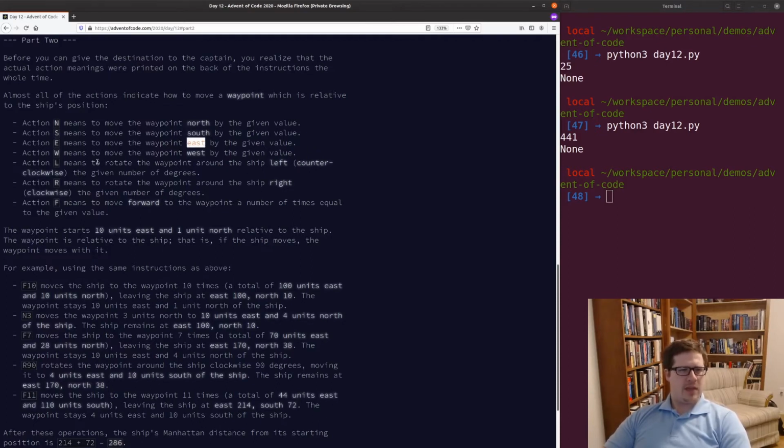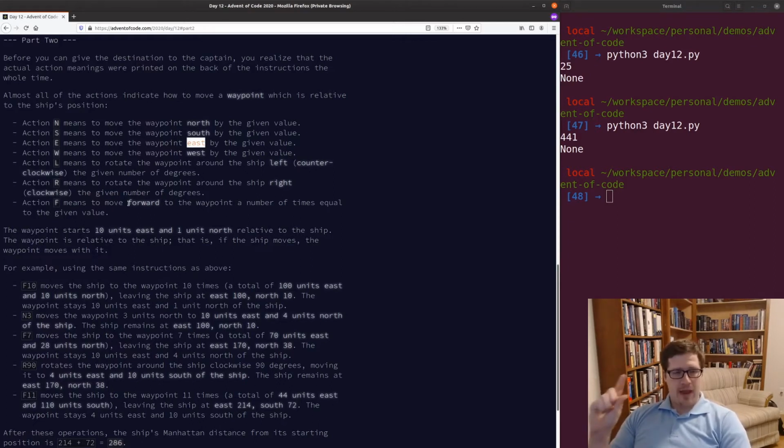Action L means to rotate the waypoint around the ship, left (counter-clockwise), the given number of degrees. Action R means to rotate it right the given number of degrees. Action F means to move forward to the waypoint a number of times equal to the given value. Okay, so action F has in fact changed.